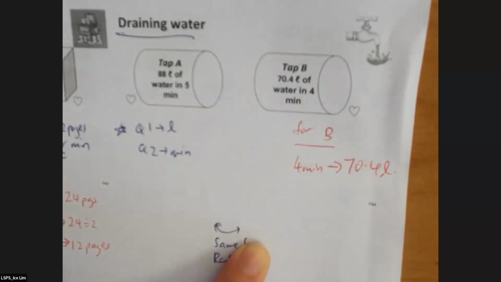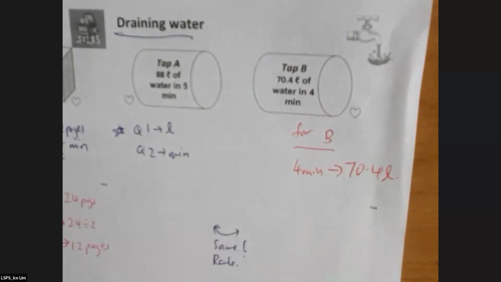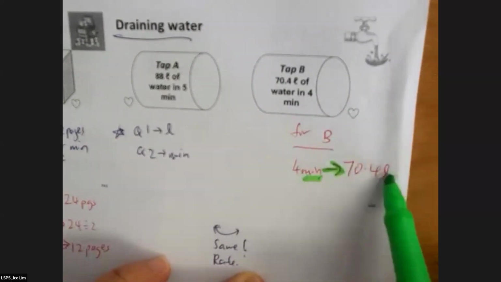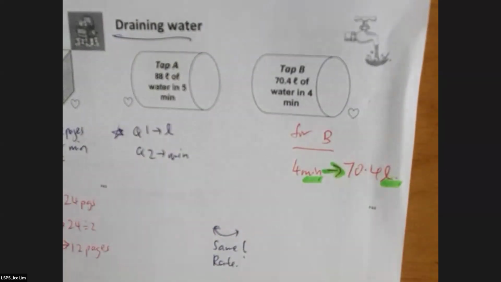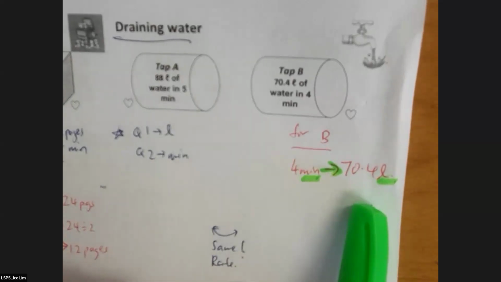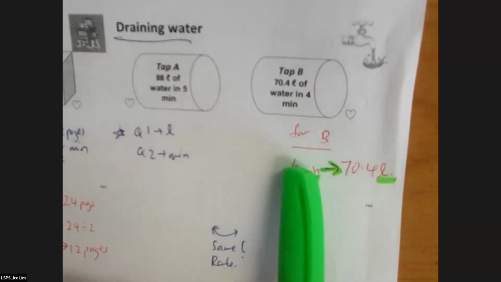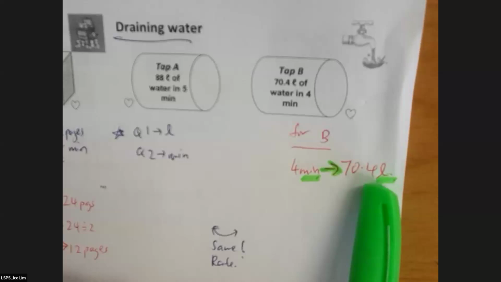Make sure you have the equivalent arrow and 2 different units of measurement. So one quantity is related to another quantity. The 2 different units of measurement are time versus volume of water.